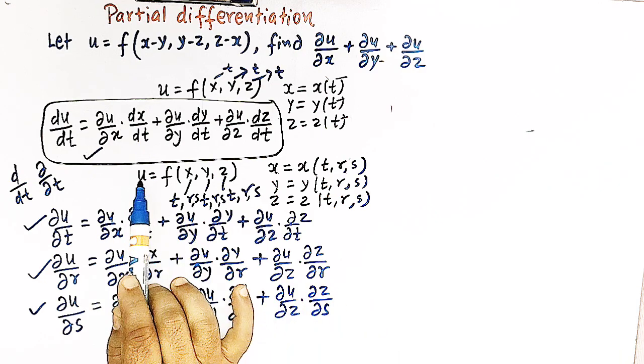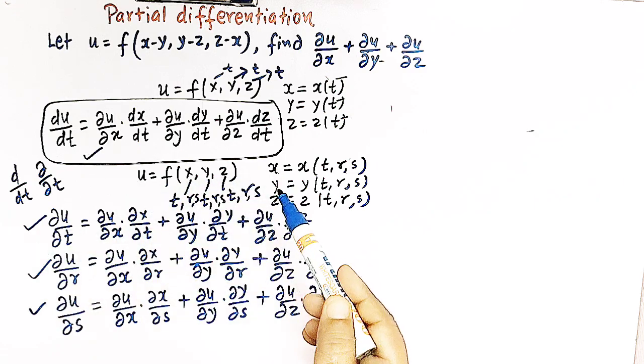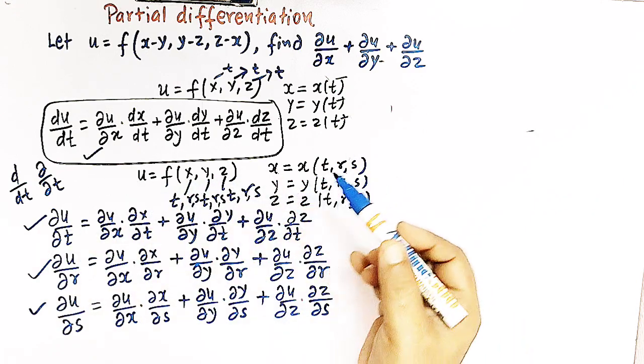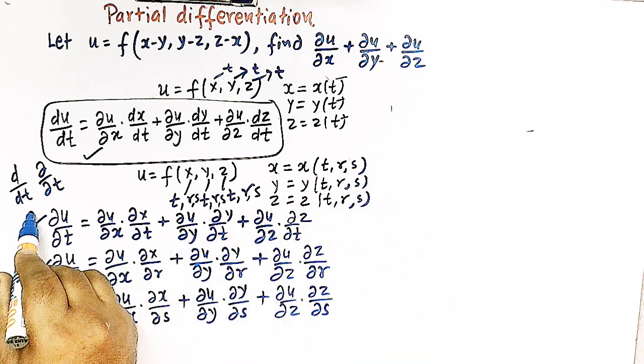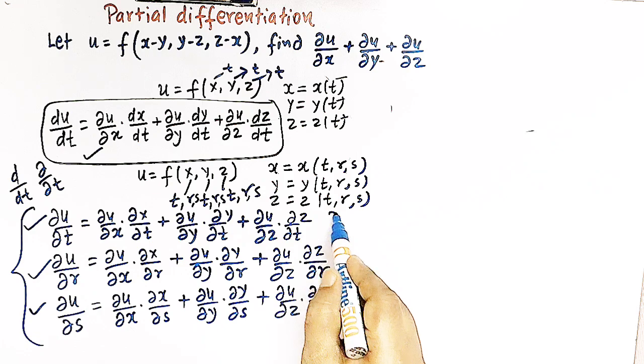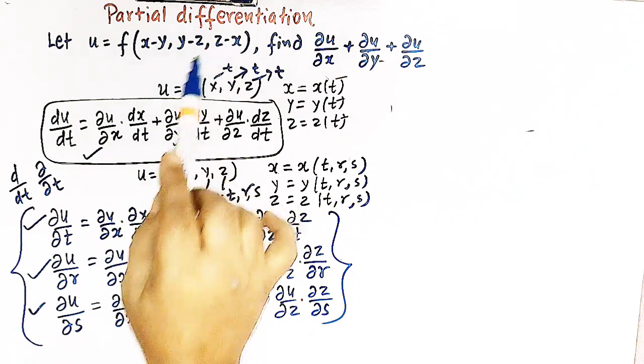So now when u is a function of x, y, and z, and x, y, and z are further functions of three variables, t, r, and s, we have these three expressions. So now we are going to use this concept to solve this problem.